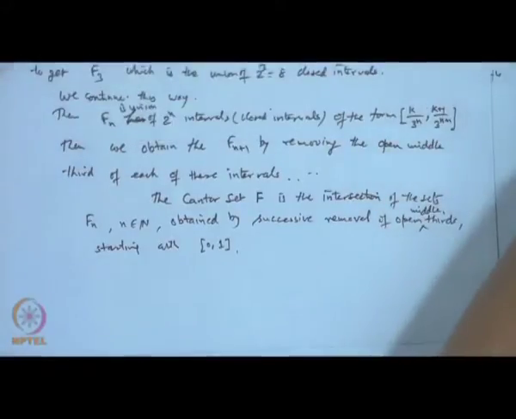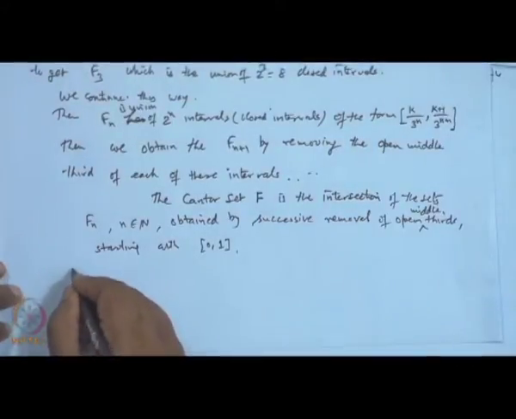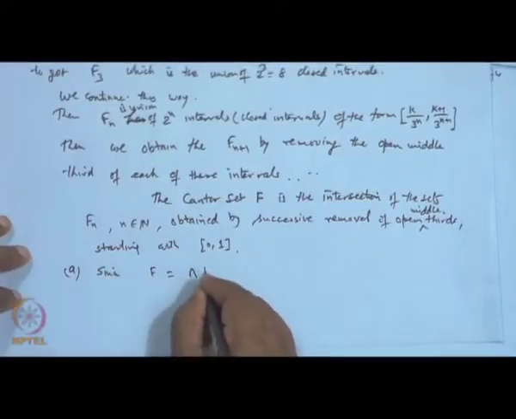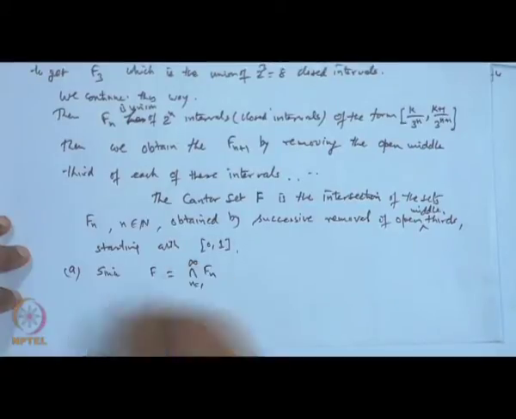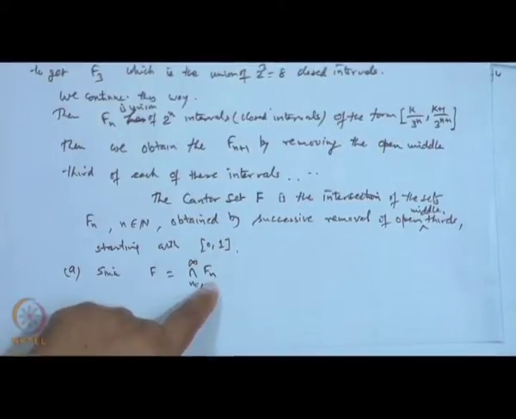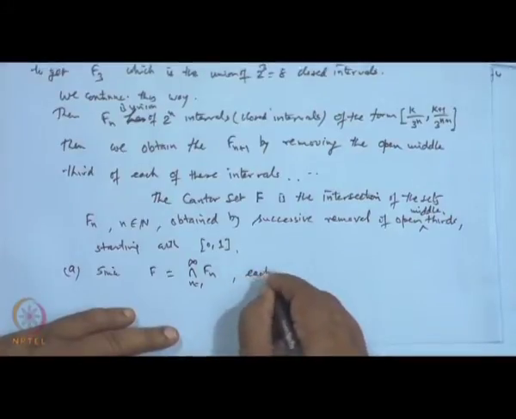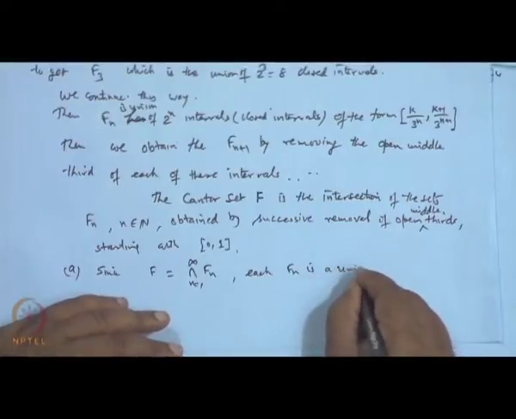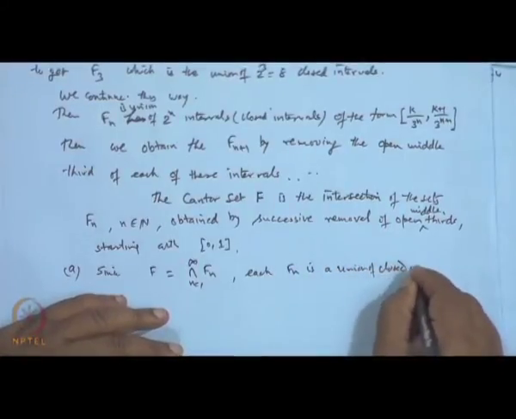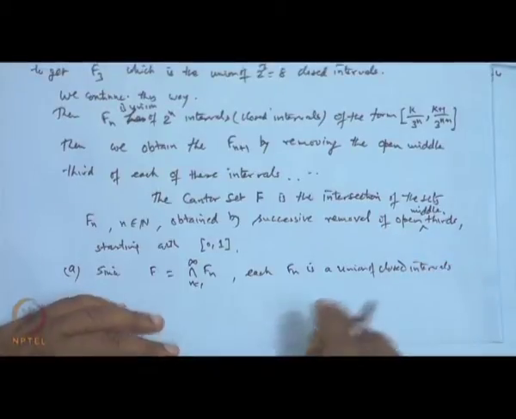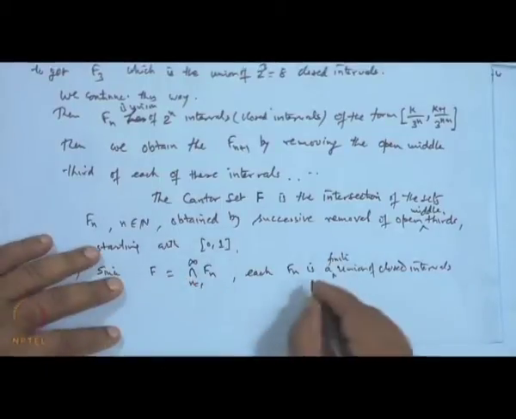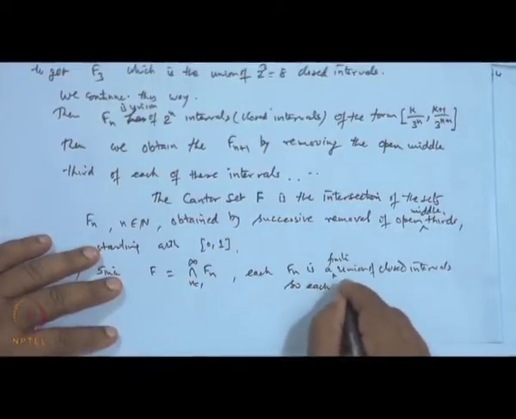The first result says the Cantor set is a closed set, which we want to show. Since the Cantor set F is the intersection of Fn, n from 1 to infinity, a countable intersection, and since each Fn is a finite union of closed intervals, each Fn is closed.